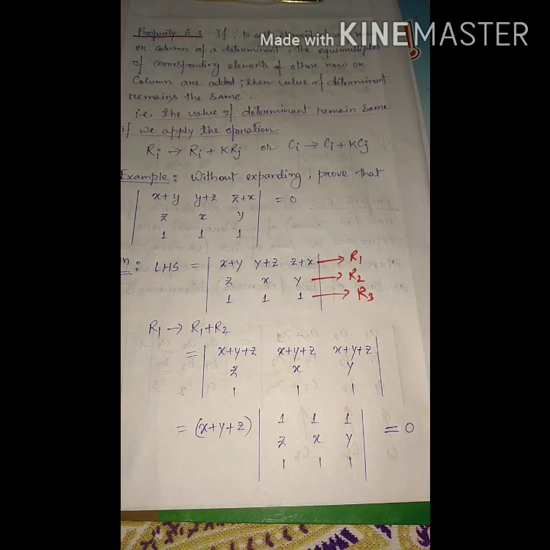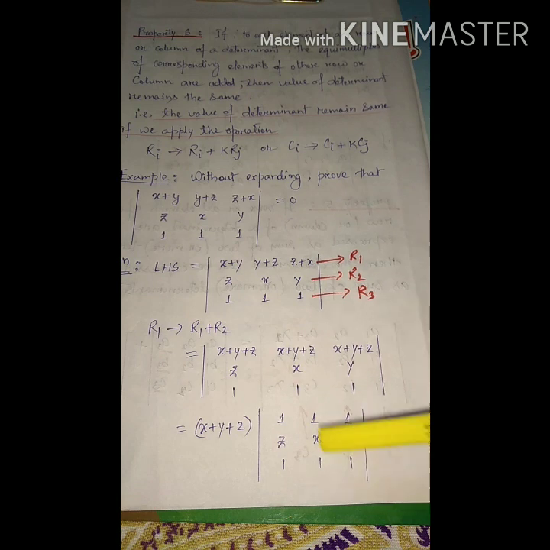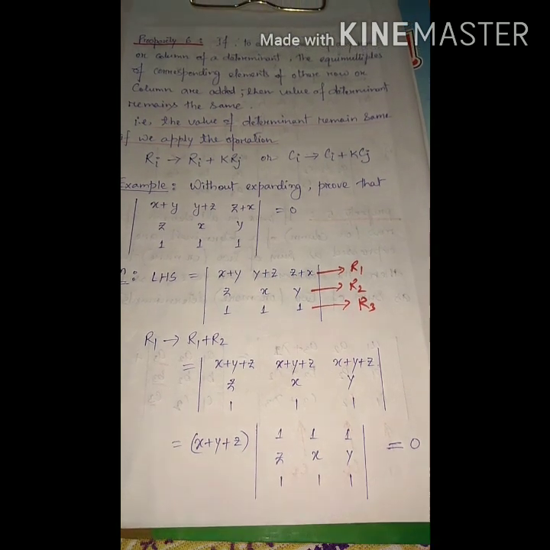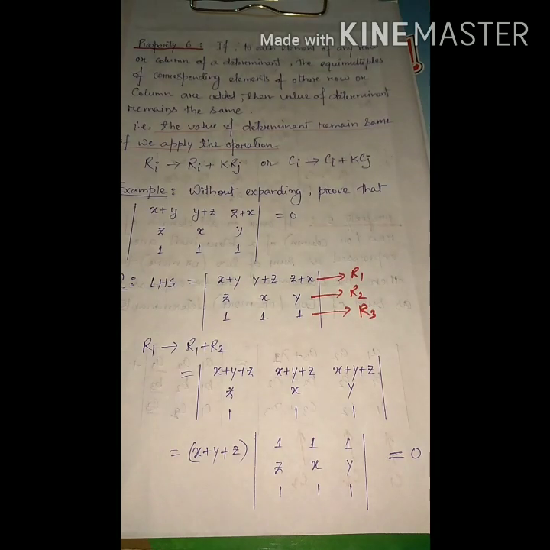Why? Since row 1 and row 3 are identical, and we already know that if two rows or two columns are identical, the value of the determinant is 0. So 0 into something is ultimately 0. Here, without expanding at any stage, we found the value, and the value is 0. In this way lots of questions are there to prove.